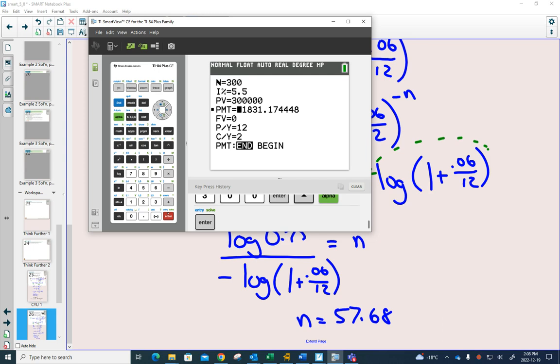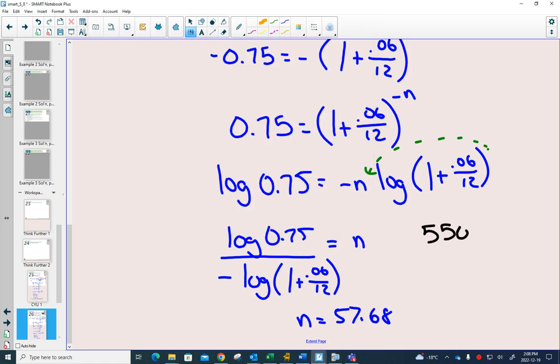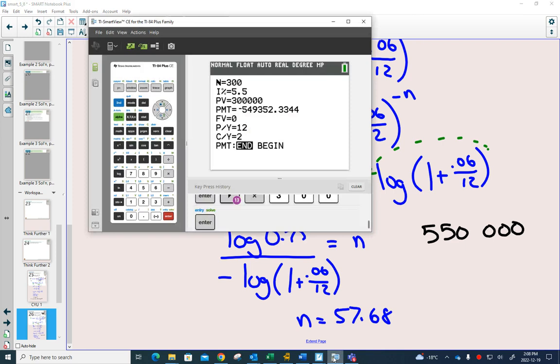That's kind of fun, right? But let's write down some numbers. At the 1,831 times 300, this house is costing you about $550,000.